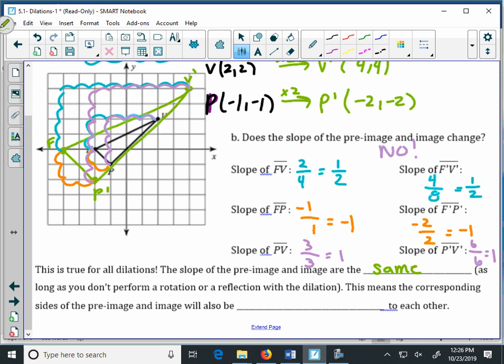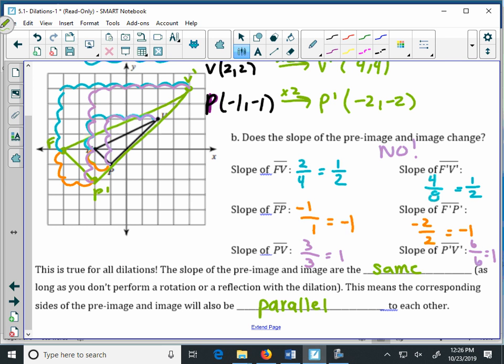This means the corresponding sides of the pre-image and image will also be what? What do we know about lines that have the same slope? Parallel. They're parallel. So the corresponding sides, when you just do a dilation, you don't do a rotation or a reflection, will be parallel to each other.